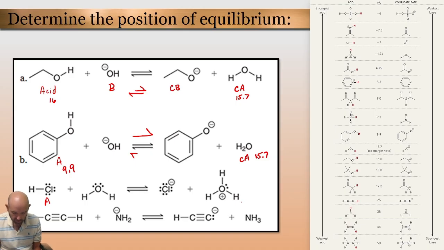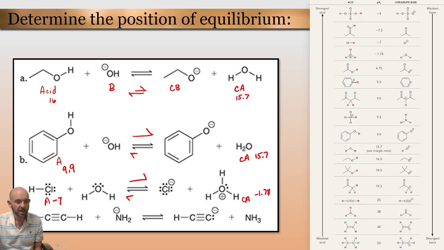So on the other side, the result is the conjugate acid. We're going to compare those pKa's. This one's really pretty straightforward. HCl has a pKa of -7. The H3O plus has a pKa of -1.74. And so equilibrium is definitely also going to favor the product side in this case.